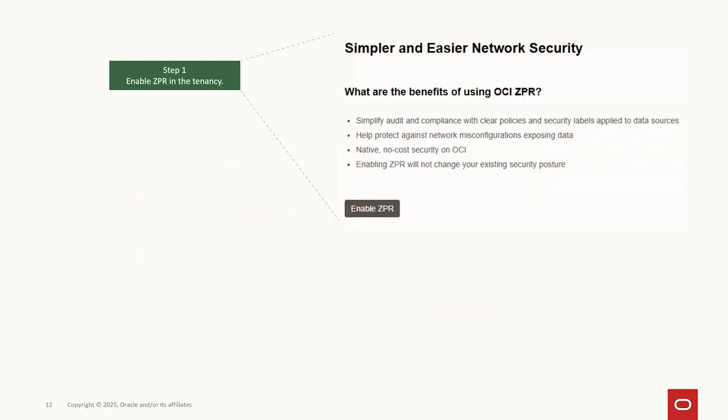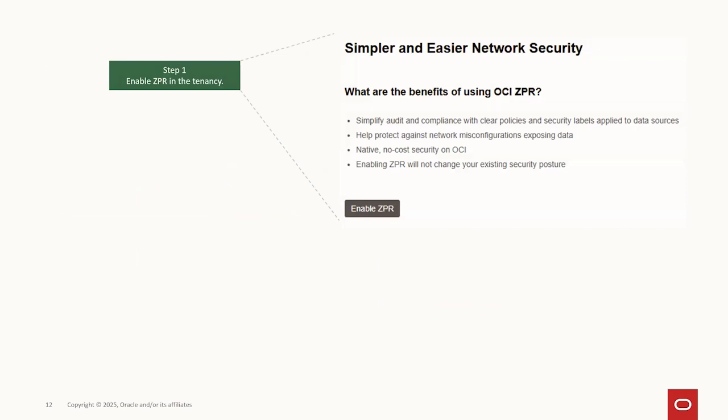So first of all, we need to enable Zipper in the tenancy. We need to unlock that Zipper capability in our tenancy. Initially, tenancies by default are using traditional native network security constructs like firewalls, NSGs, security lists, etc.